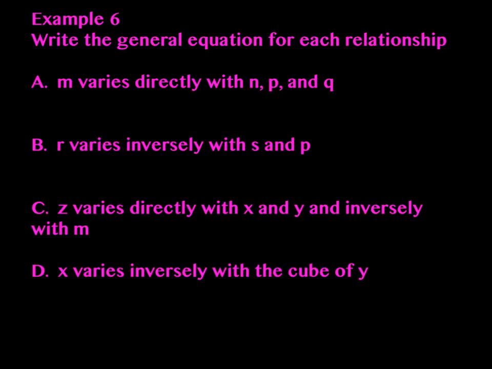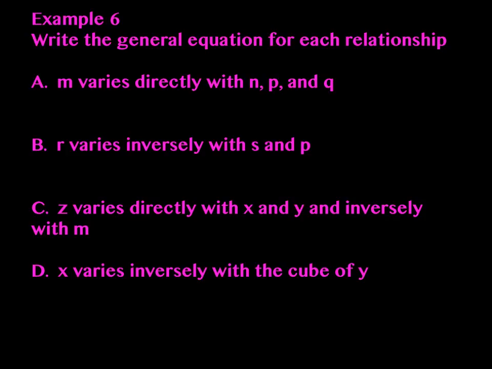All right, so in example 6, we want to write the general equation for each relationship. When I ask for the general equation, I just want k as a letter. If I want to figure out what k actually stands for, then I'm going to ask you for the specific equation. So I didn't give you any numbers here to solve for k, so when I say general, we're just leaving k as k.